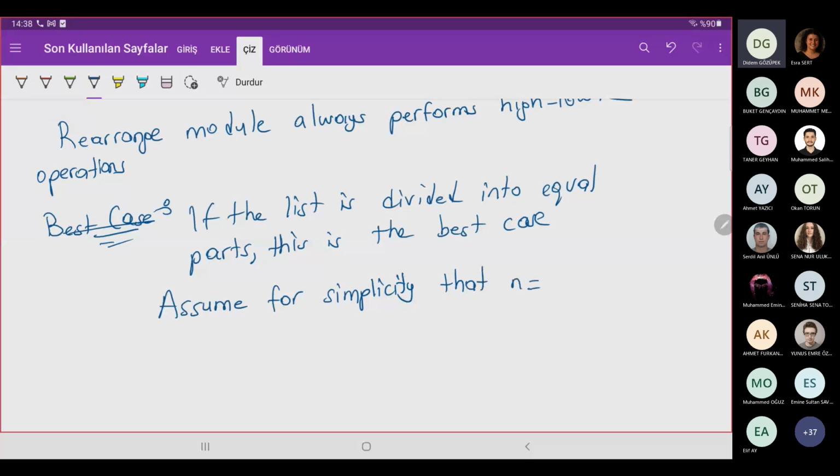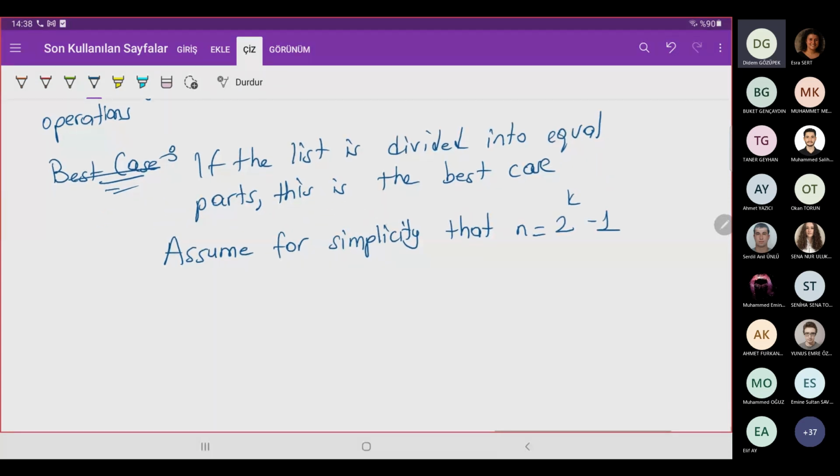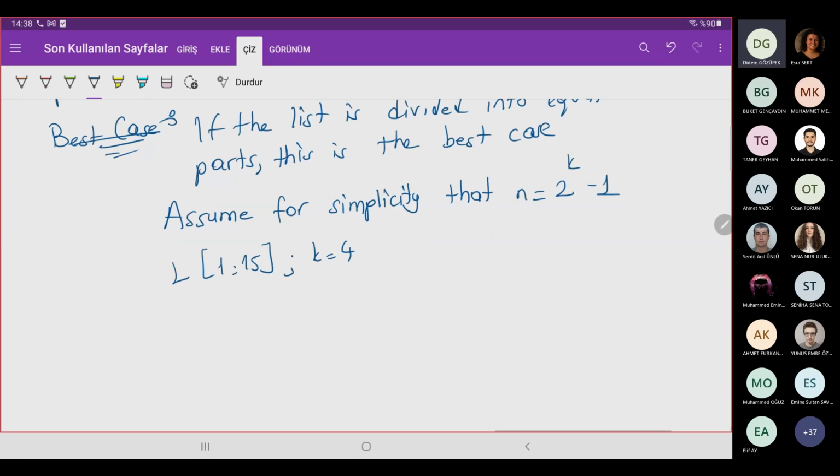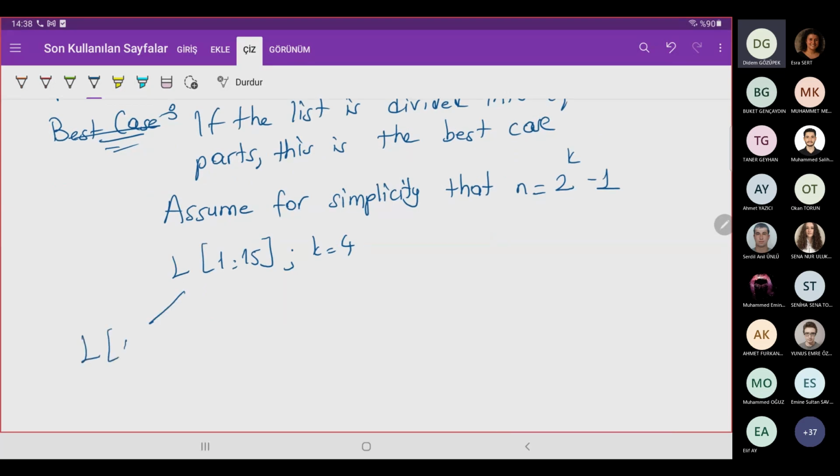So assume for simplicity that n is equal to 2 to the power k minus 1. Okay. So let's think about it for k is equal to 4, L1 to 15. It's L1, 7 and 9, 15, because now the median one will be index 8. Okay.